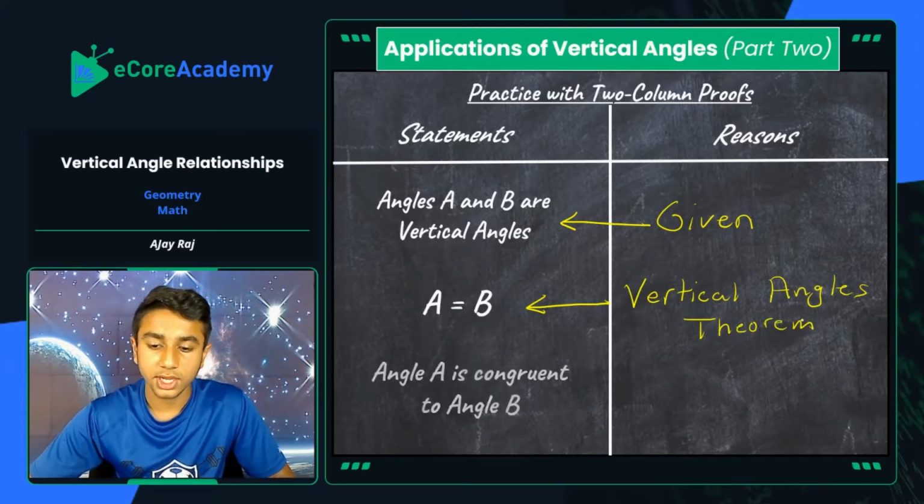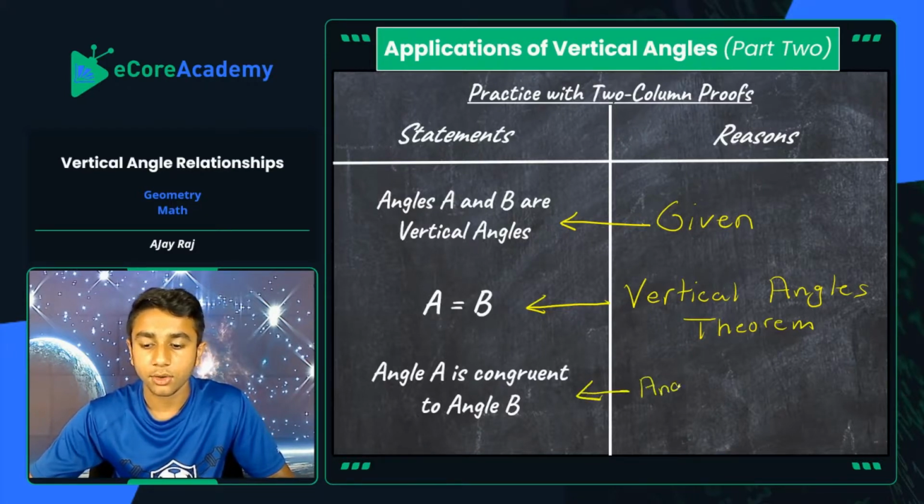And all this is saying here is that angle A is congruent to angle B, and that's just by the angle congruence postulate.